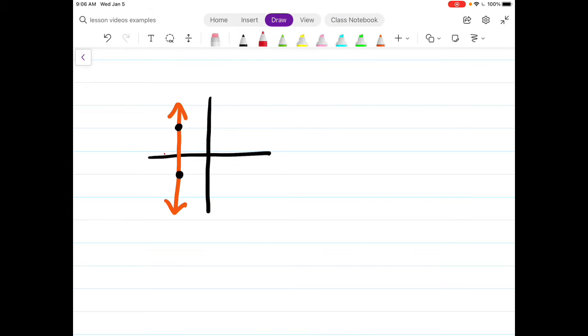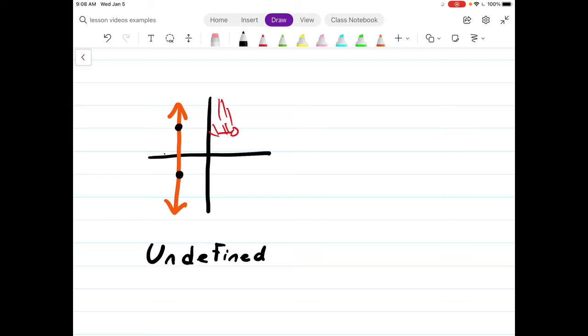And of course, if you had somebody like this, they are falling as they go. So as you can see, you're not traveling left to right, the person is falling. Well, this slope is undefined. You cannot define the slope because it doesn't travel left to right.